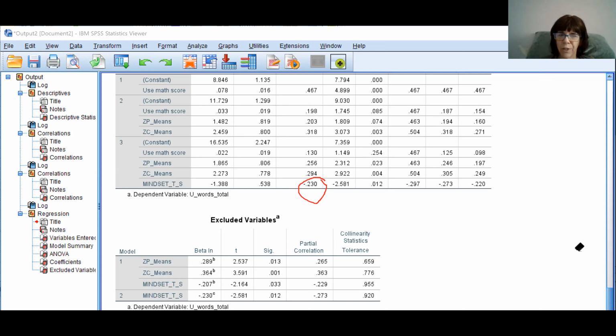I find that kind of interesting. Math knowledge gives you a boost in language usage. Those are the positive relationships. But mindset towards growth also gives you a boost. Fixed mindset is not associated with increased language use. I find this interesting.